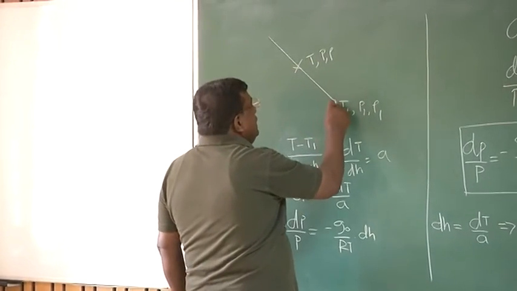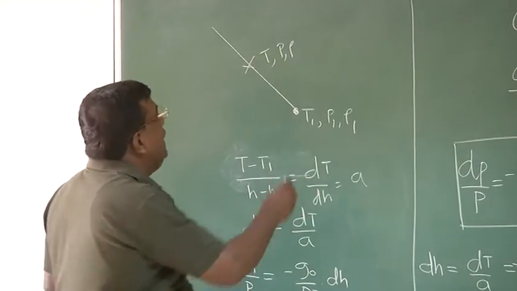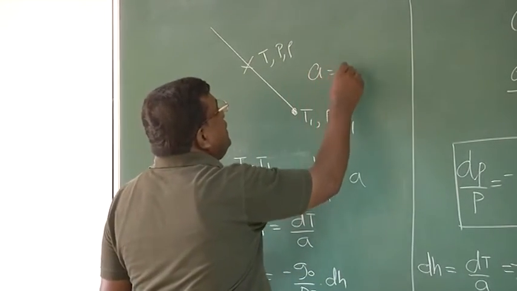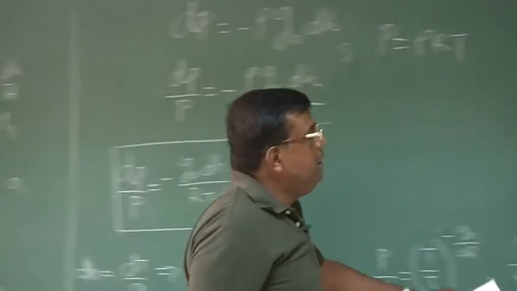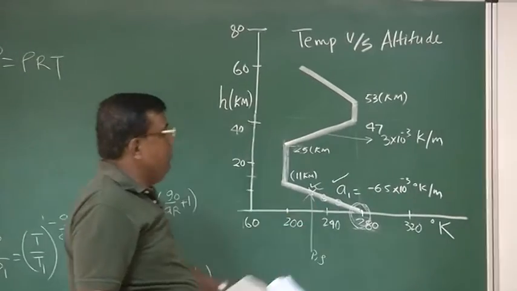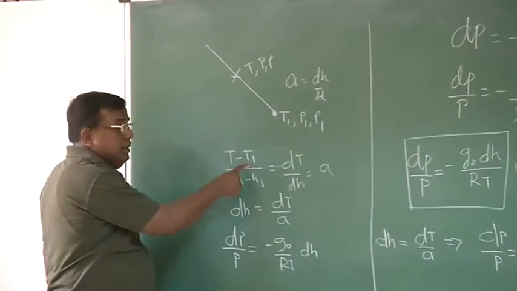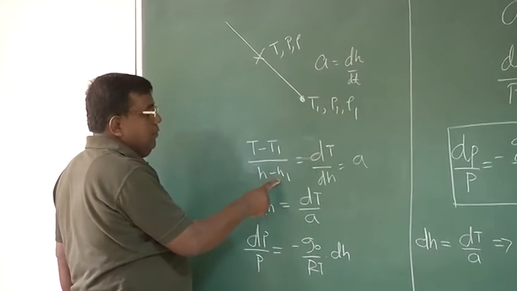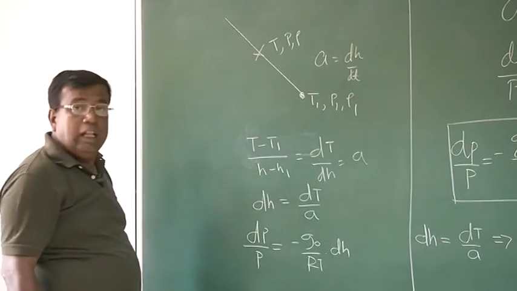For example, if this condition is T1, P1, rho 1, if I know this, and I know A as the lapse rate, dT by dH, you could see for this region there is a lapse rate A1. So I can write T minus T1 divided by H minus H1, which is nothing but dT by dH, equal to A, which is the lapse rate.